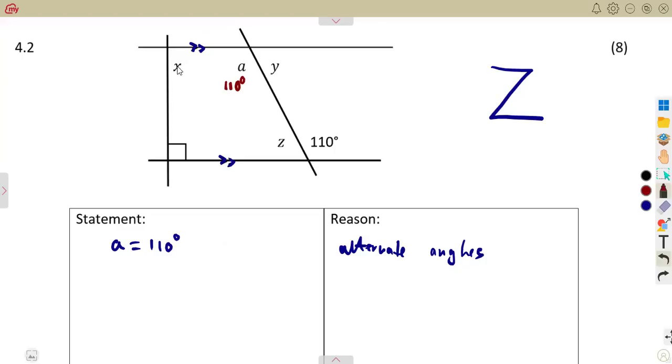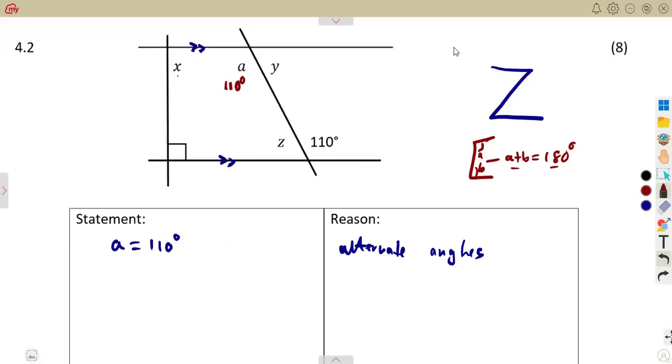X, from the co-interior angles, because of the parallel lines that we see, you're forming a C here. So remember that co-interior angles add up to 180 degrees. If you add the angles A and B, you must get 180.